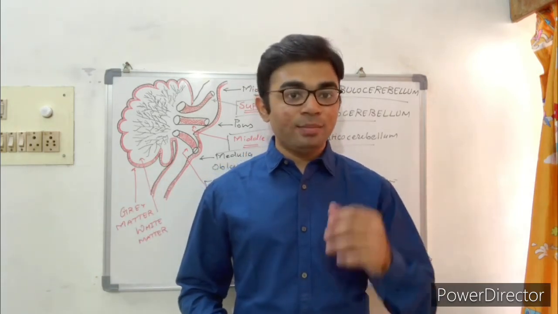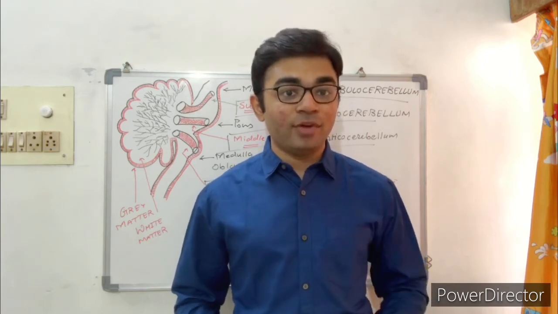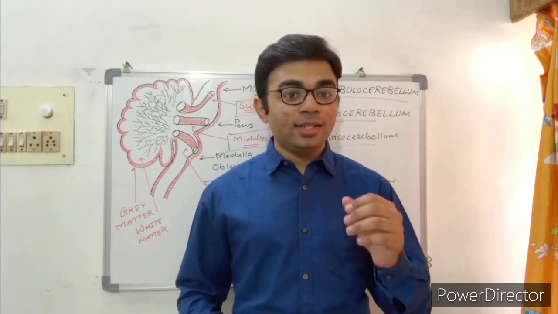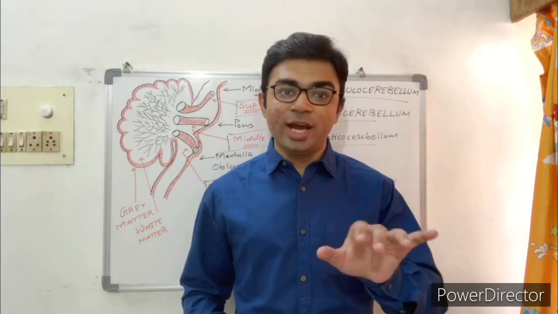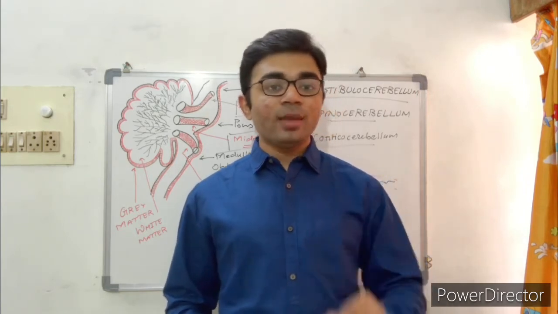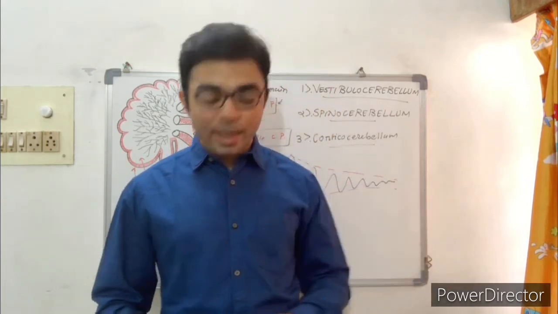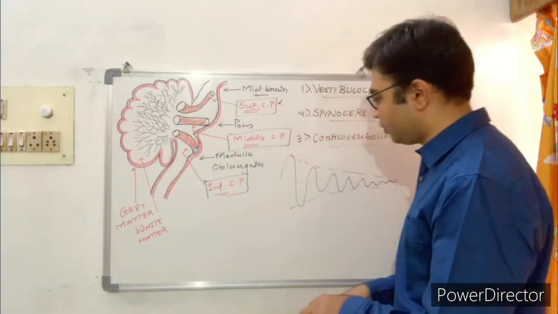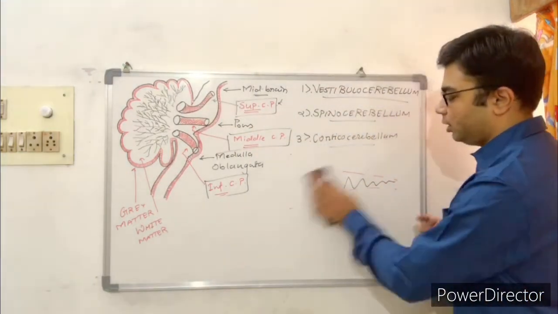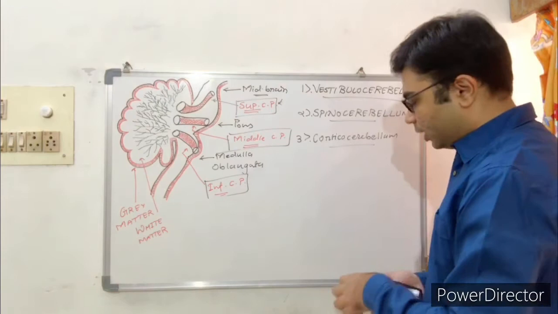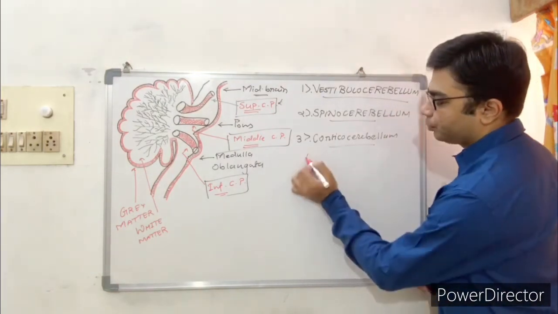That is the most important function of the cerebellum, and this is why our movement becomes smooth and accurate. So that was all about the damping action. Let me write it over here. The first function that we have seen is the damping action.